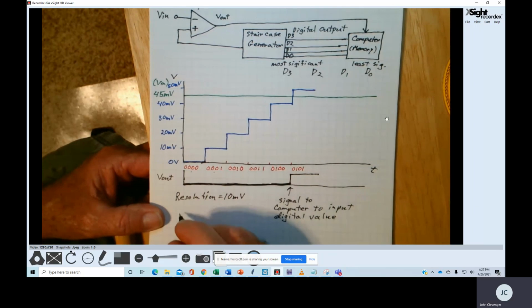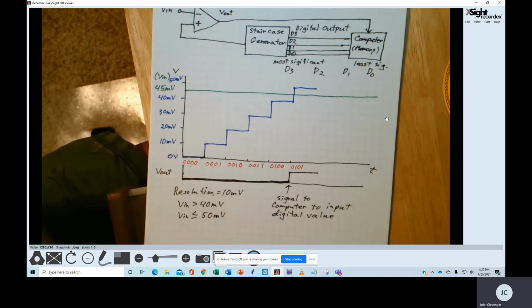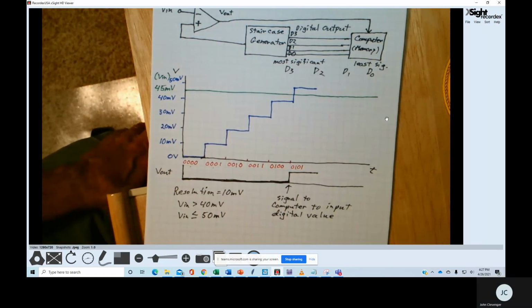So all we know is that Vn is greater than 40 millivolts. And of course, we know that Vn is less than or equal to 50 millivolts. So with this system, the smallest unit that I can measure is 10 millivolts.